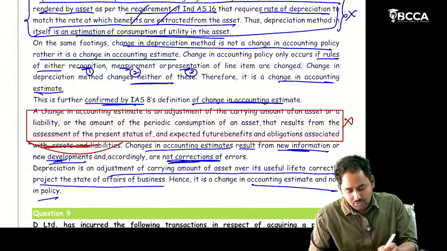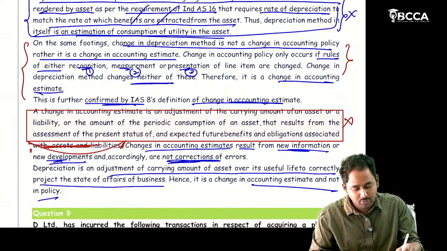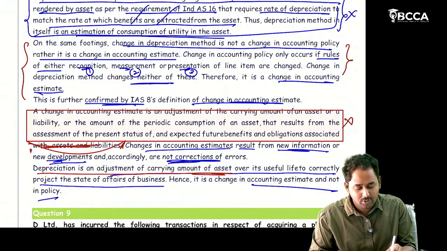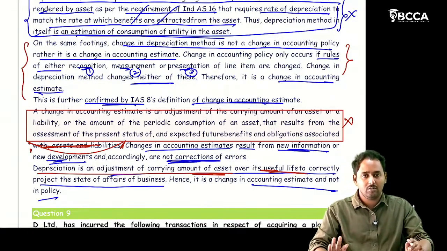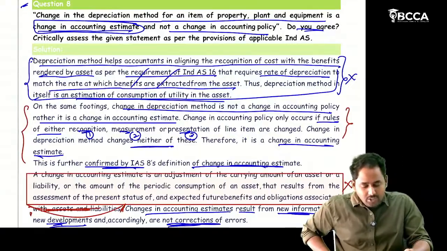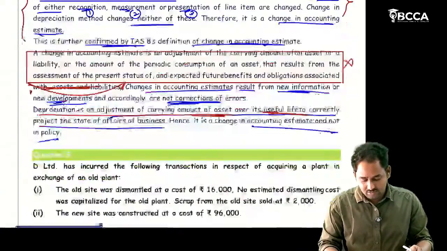Just write this point, and after this you can start from here. Changes in accounting estimate result from new information and new developments. After that, depreciation is an adjustment of the carrying amount of assets over its useful life. That's all. Then the answer is over. You need not write everything; they're just giving all the things.